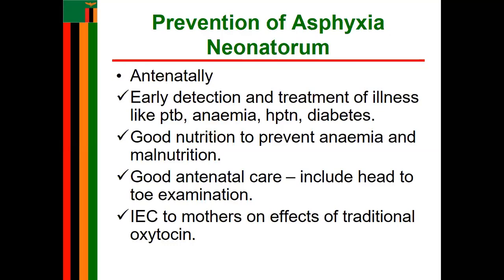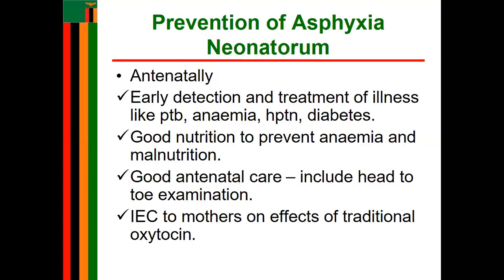in terms of prevention of asphyxia neonatorum, you can talk about antenatally, where there's early detection and treatment of illnesses like pulmonary tuberculosis, anemia, hypertension, diabetes. So these conditions can be prevented during antenatal. Good nutrition to prevent anemia, and also malnutrition. Also good antenatal care, which includes head to toe examination, which may be helpful in detection of any abnormality.